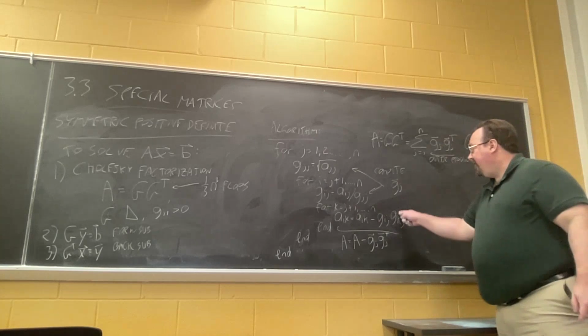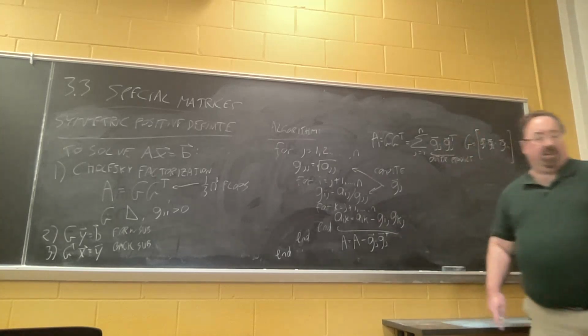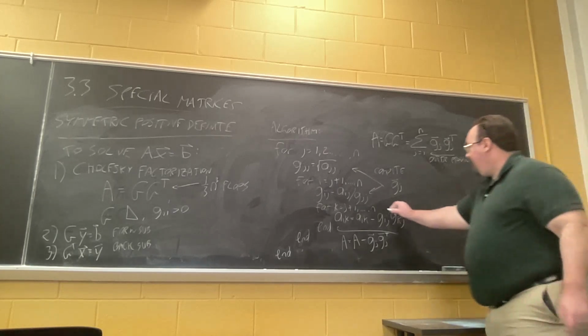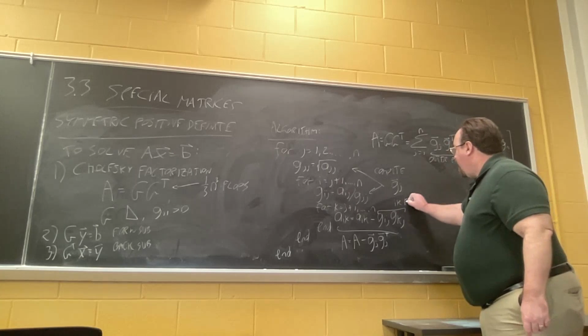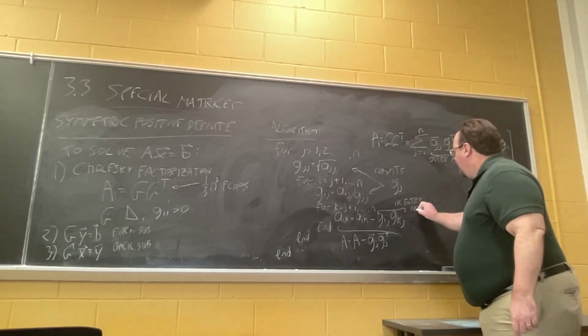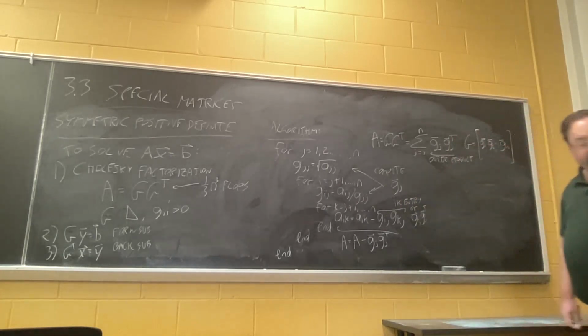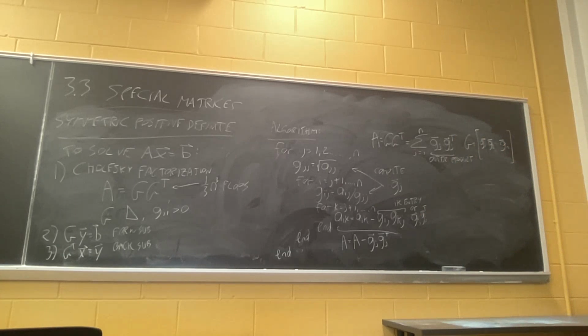So this right here is a single element of this outer product, the ik entry of Gj Gj transpose. We're assuming Gj is a column vector. Yes, all vectors are column vectors. If you want a row vector, take a transpose.